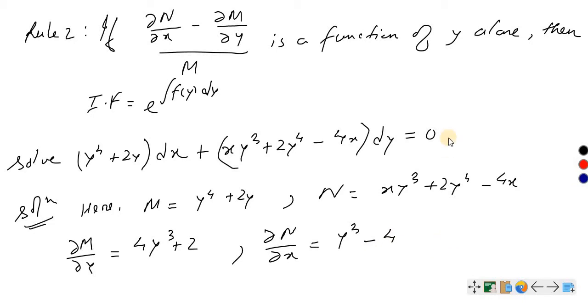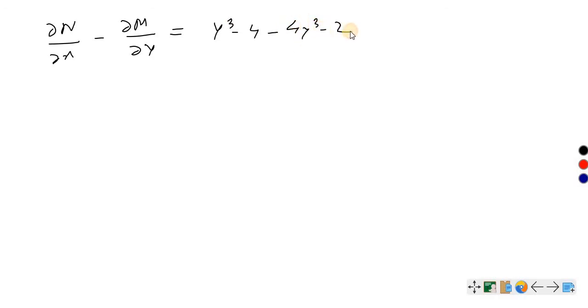If we take the difference of these two, that is partial differentiation of N with respect to x minus partial differentiation of M with respect to y, I am going to get y cube minus 4 minus 4y cube minus 2.